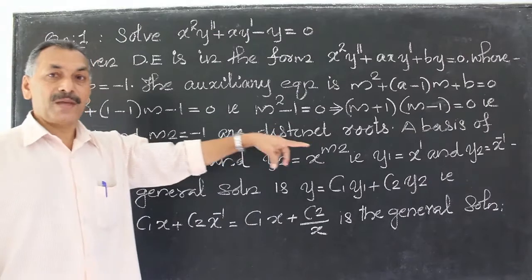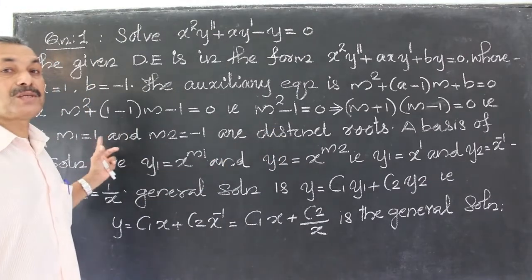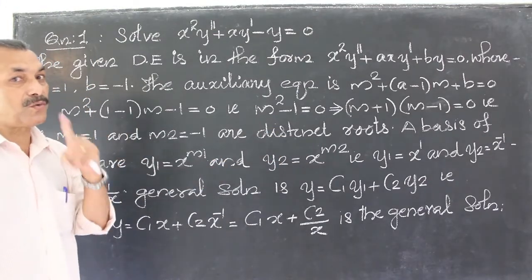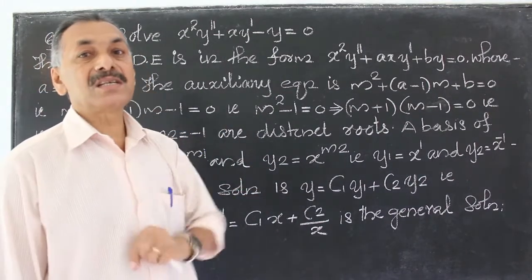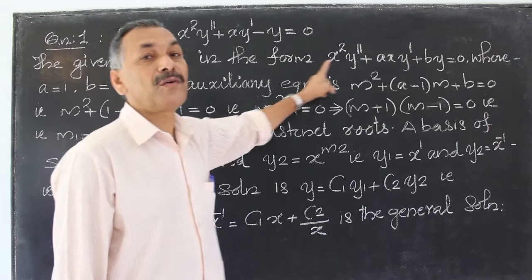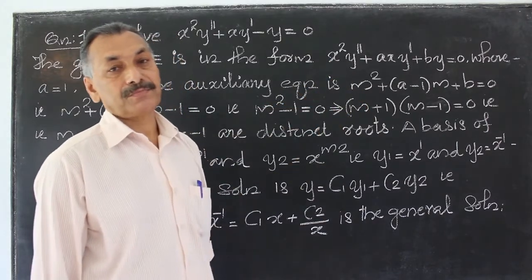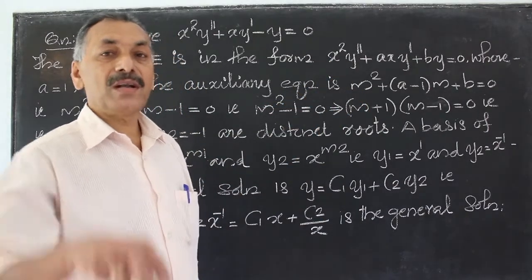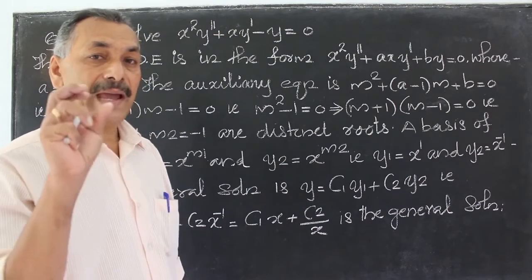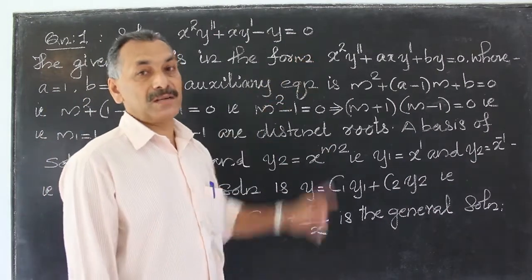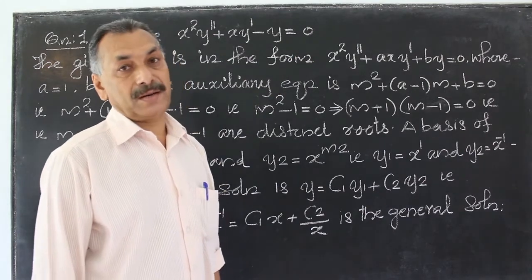If the second term m minus 1 is equal to 0, then m is equal to 1. So m1 is equal to 1 and m2 is equal to minus 1 are two distinct roots of the characteristic equation of the given Euler Cauchy equation.